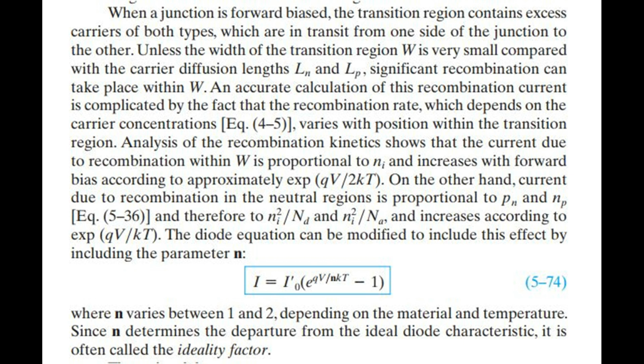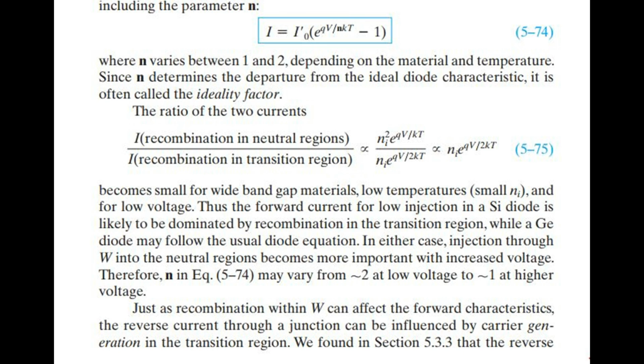The diode equation can be modified to include this effect by including the parameter n, where n varies between 1 and 2, depending on the material and temperature. Since n determines the departure from the ideal diode characteristic, it is often called the ideality factor.